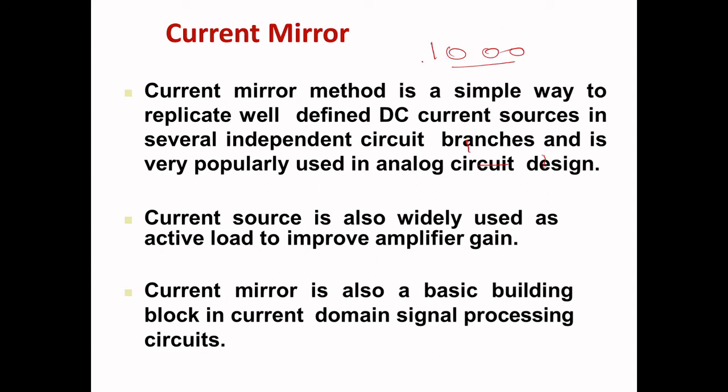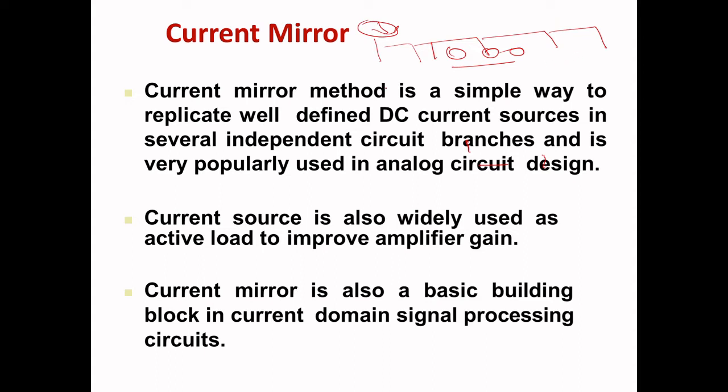So what the current mirror is doing is, I'm going to generate one constant current source. This constant current source is like a biasing. The functionality of the resistor is replaced by your constant current source, and I'm going to replicate it in n number of amplifier circuits. I'm going to generate it at only one terminal, and copy it to n number of circuits.